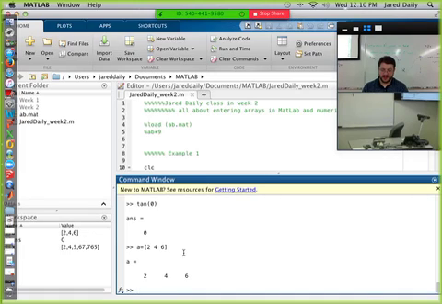There's my array, and I want to take the square root of the sine of A. That is perfectly fine.